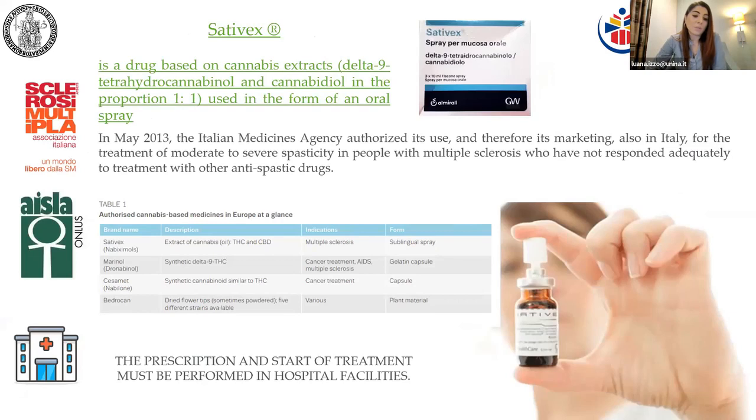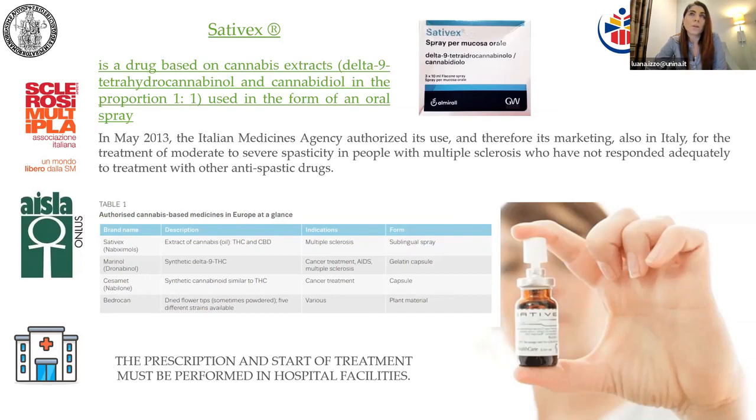In this slide, I have reported the authorized cannabis-based drug in Europe. You can see that currently the drug Sativex is one of the drugs used in multiple sclerosis. In this case, we have a concentration of the two bioactive compounds in the same portion.